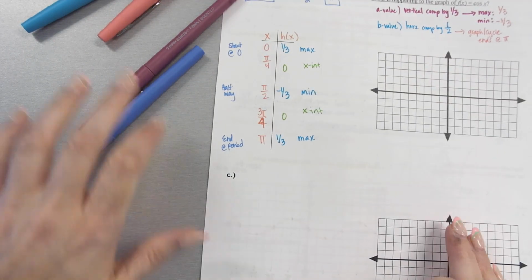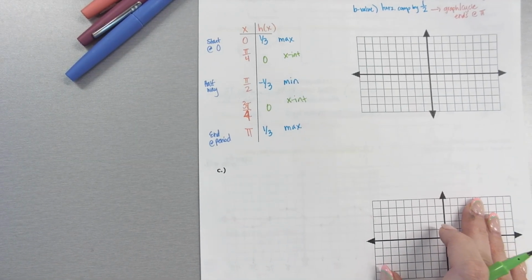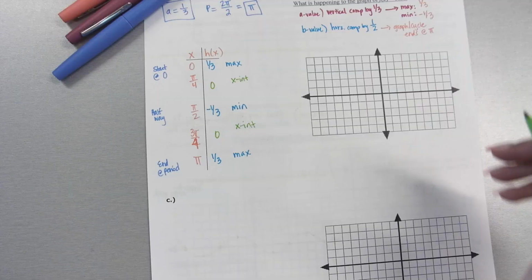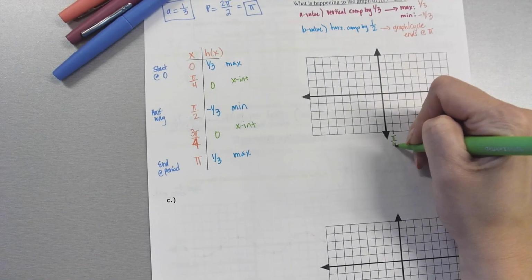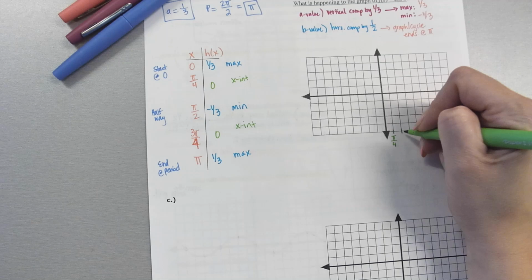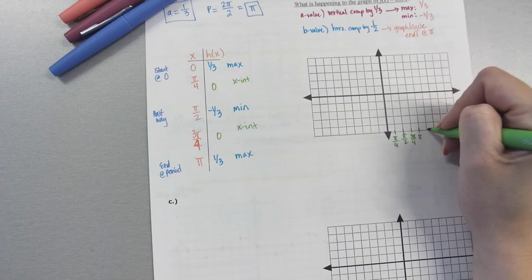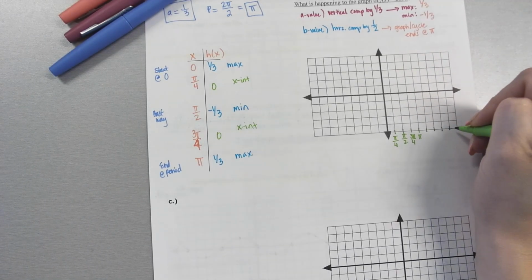Okay, so when you guys go to label this, you can label that however you want. If you label it singly, that's fine. Like if you did 1 pi over 4, this would be 2 pi over 4, 3 pi over 4, 4 pi over 4, and then 5 pi over 4, 6 pi over 4, 7 pi over 4, 8 pi over 4.